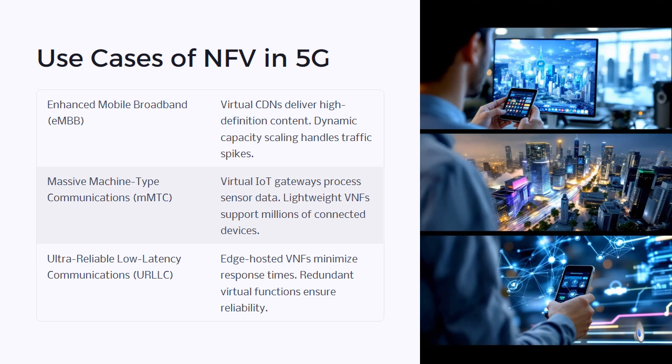Ultra-reliable low-latency communications, URLLC: NFV ensures real-time network functions run at the edge, reducing latency for mission-critical applications like remote surgeries and autonomous vehicles. These use cases demonstrate how NFV enables agile, scalable, and cost-efficient 5G services.